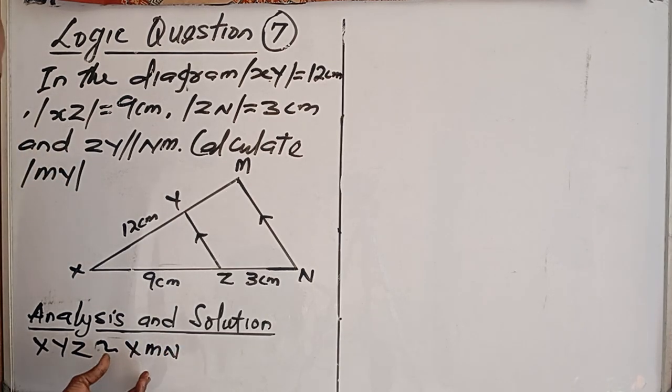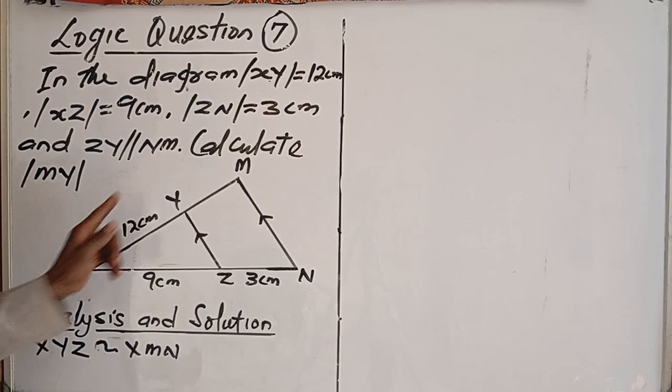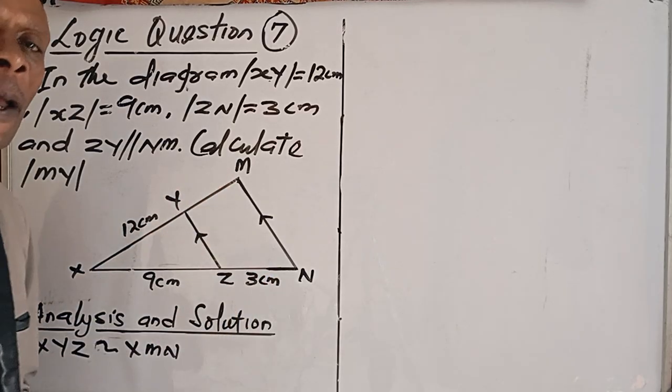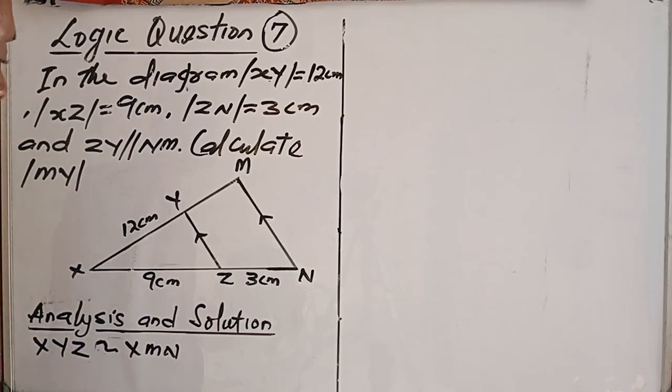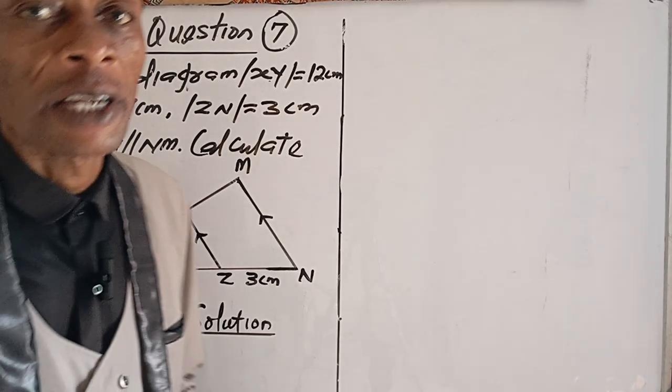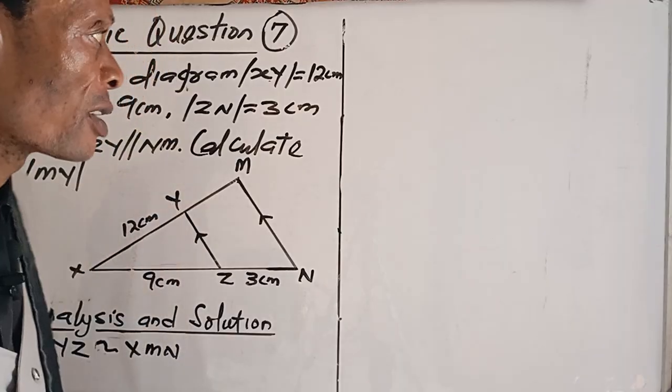This is how we state it. The next thing we have to consider is equating the corresponding sides of similar triangles.